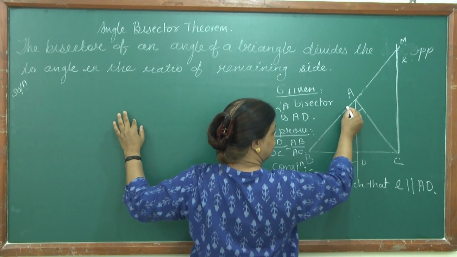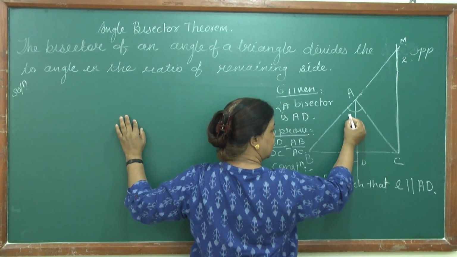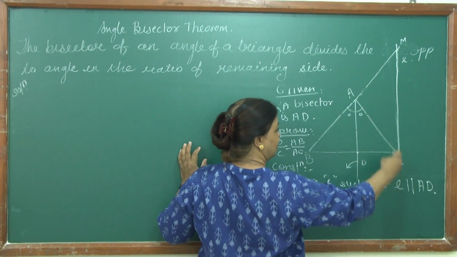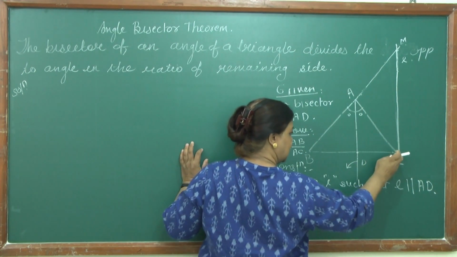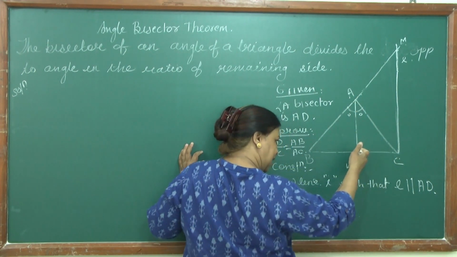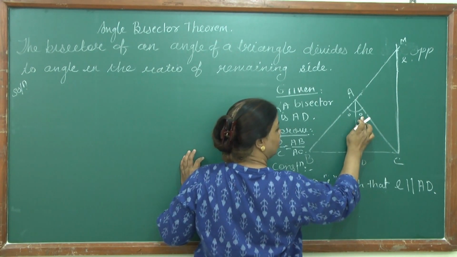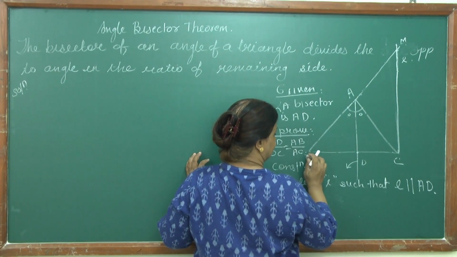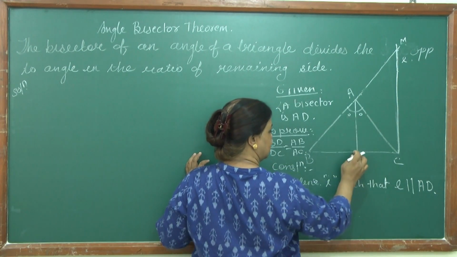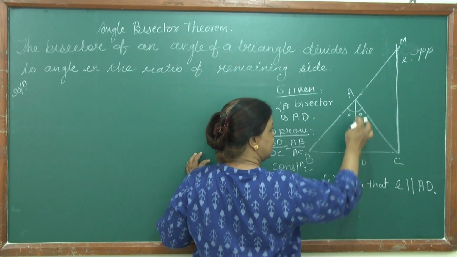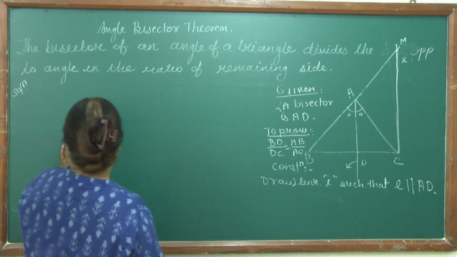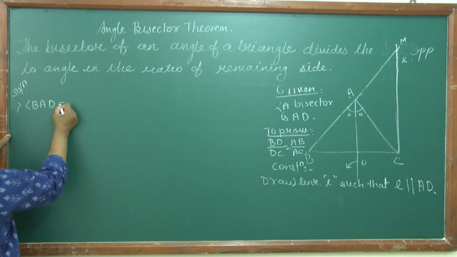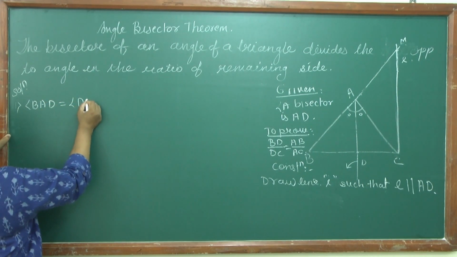AD is bisector of this angle. So this angle and this angle will be equal children. Means if this triangle ABC is cut by line AD, then this angle will be equal to this angle. So I can write like that. Angle BAD is equal to angle DAC. First point, angle BAD is equal to angle DAC.